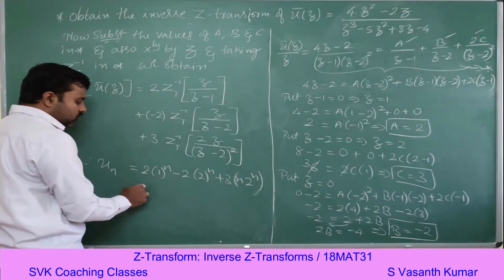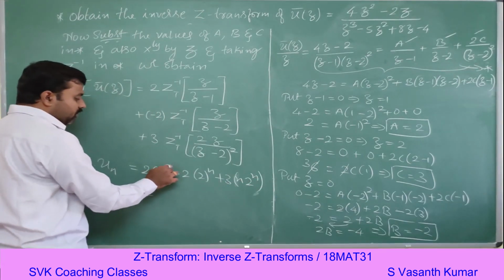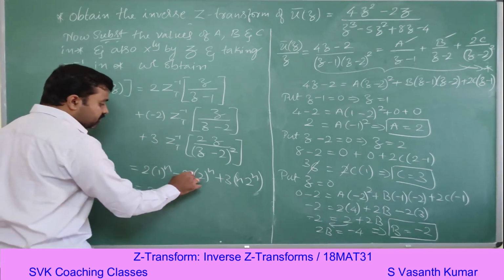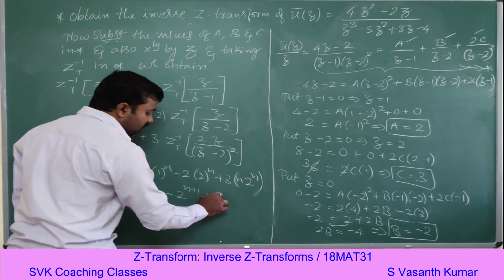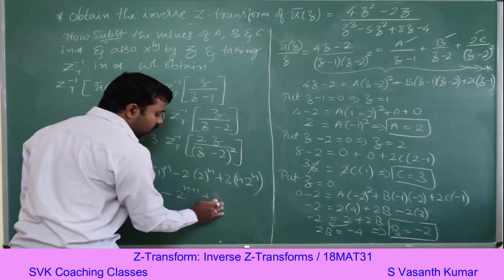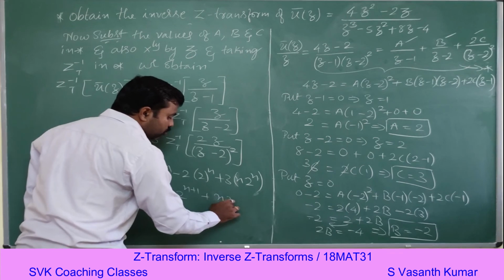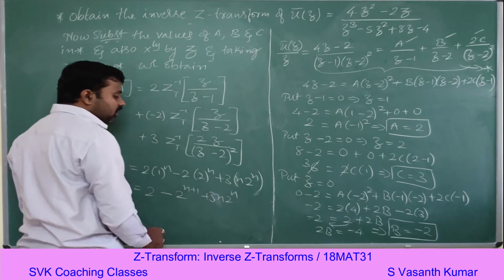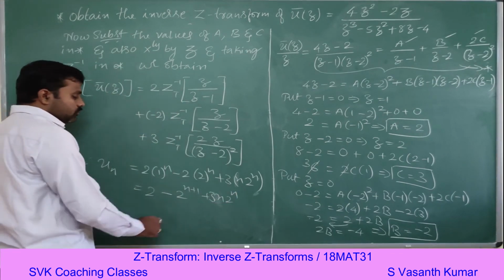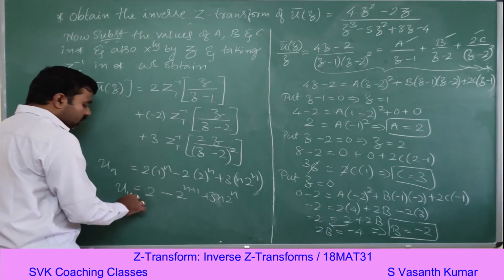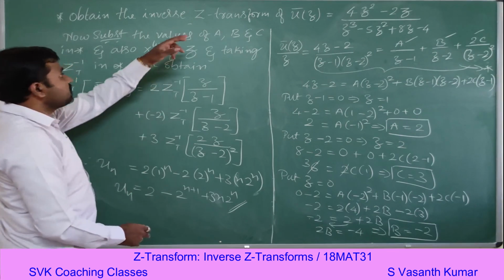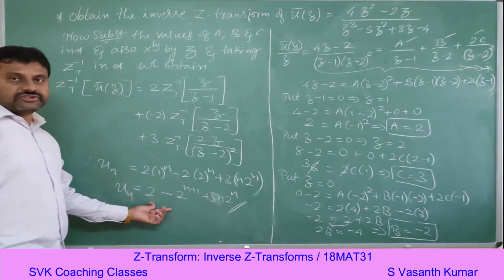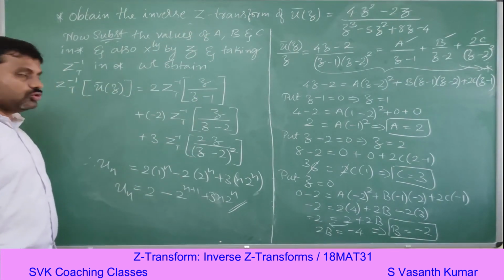If you want, you can simplify further, which is 1 power n is 1 itself, minus 2 into 2 power n, the bases are same, add the powers, 2 power n plus 1, plus 3 into n into 2 power n you are going to have. This is the required Z-transform inverse of U bar of Z.